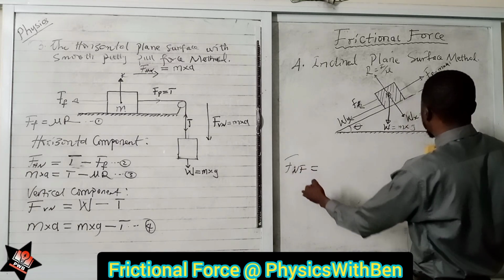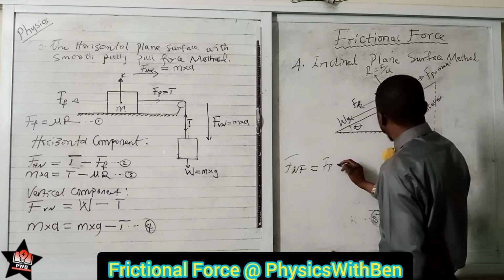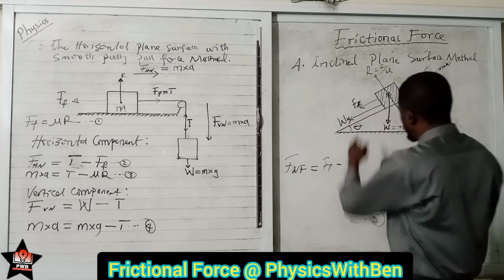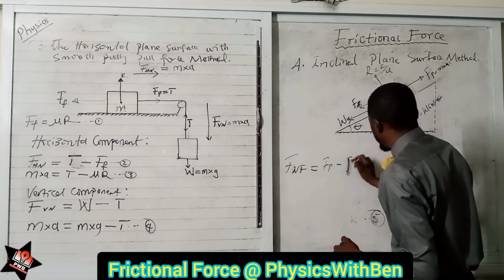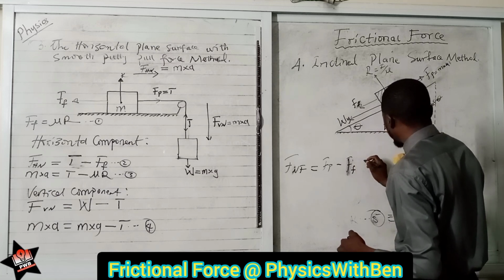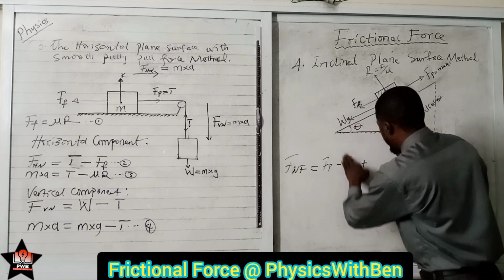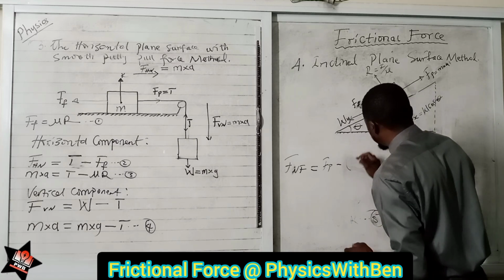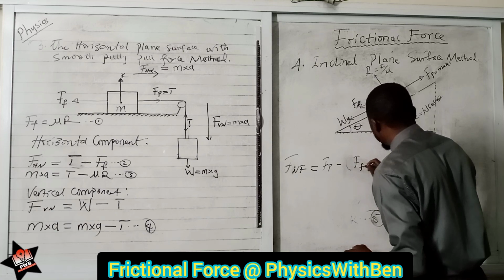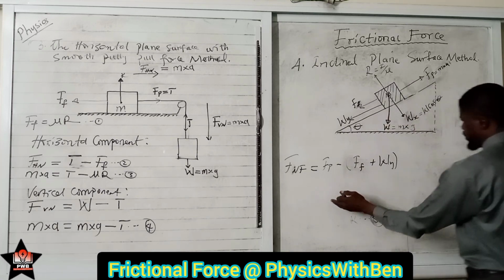So the net force here becomes this pull force minus what? Minus the frictional force plus, let me put it inside the brackets, minus brackets the frictional force plus the vertical component of this.